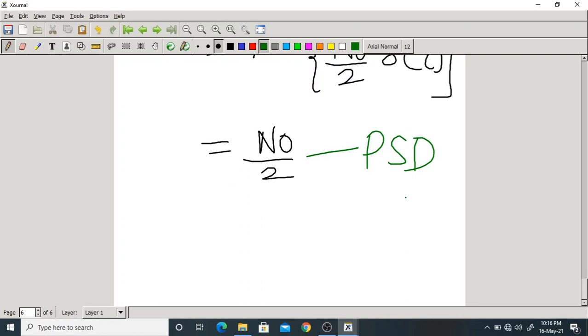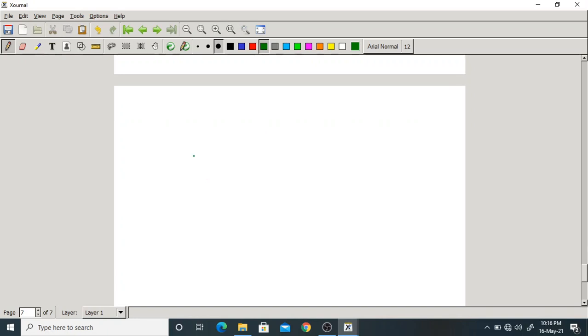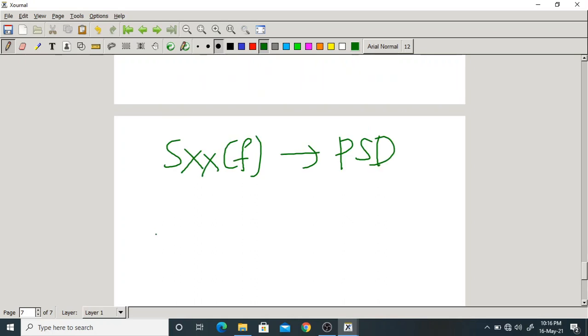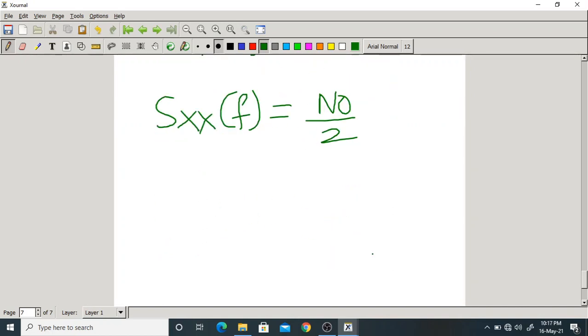So N naught by 2 is a constant. Then what is the PSD? PSD is in the frequency domain. As I told you already, it is called the power spectral density, S x of f. Here the PSD S x of f equals N naught by 2, which is always a constant. Then how to draw this?